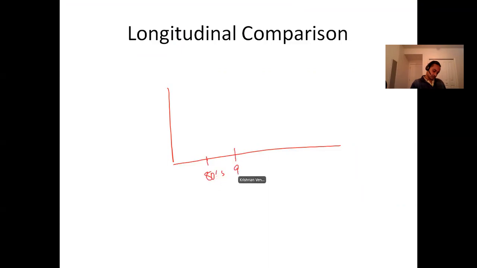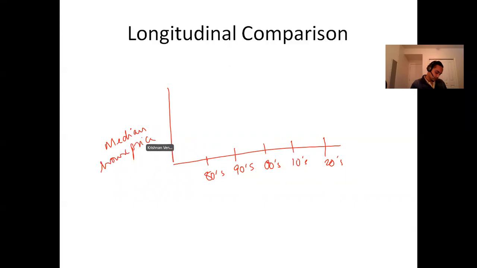the 80s, 90s, 2000s, 2010s, and 20s. And your longitudinal measure will be, let's say, median price of homes. And let's say 100,000, 200,000, 300, 400, 500.